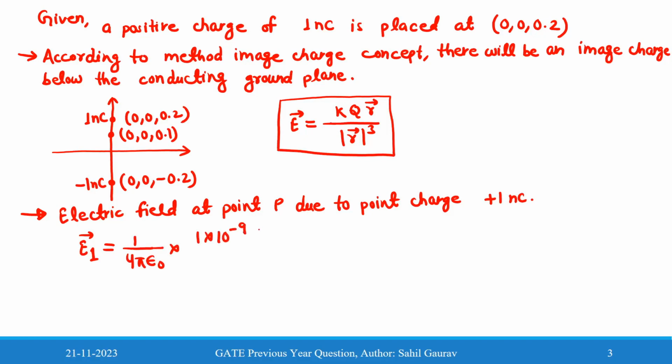Now we have to write this R vector. So take the final point and then the initial point, where we have to find.